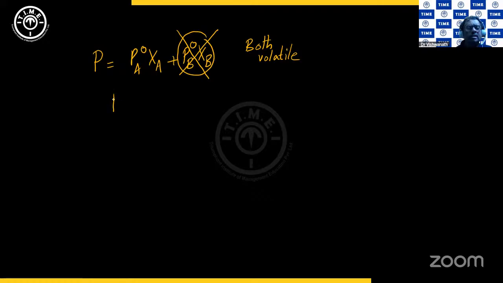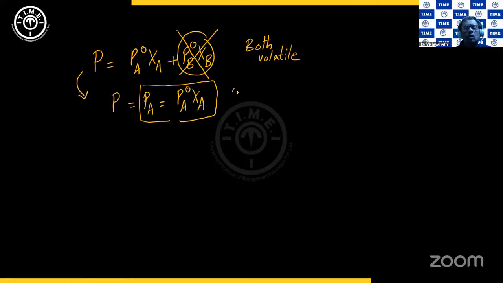So whatever is the total pressure, that is the partial pressure of A, which is equal to PA naught into XA. So this Raoult's law has converted to this when only one component is volatile. What is that component? That component is A, because only A gives the vapor pressure. B doesn't give. Clear? So the Raoult's law, I am putting it in this form now. So PA equals PA naught into XA.